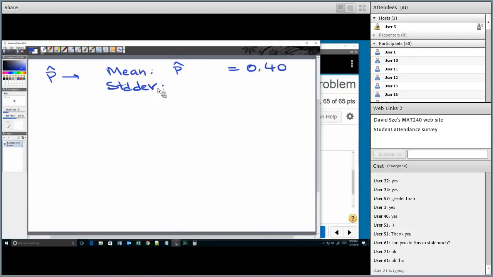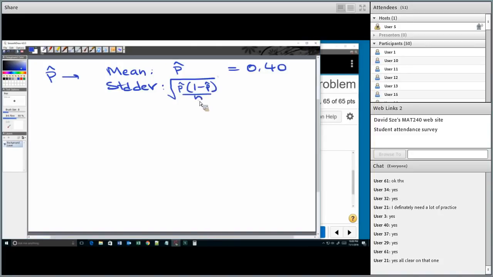And is this clear? First of all, is this clear? That the mean will always be whatever proportion they've given you in the problem. Okay, great. And then the standard deviation is going to be equal to this. Now this is a little bit of a formula. Square root of p hat times 1 minus p hat divided by n.